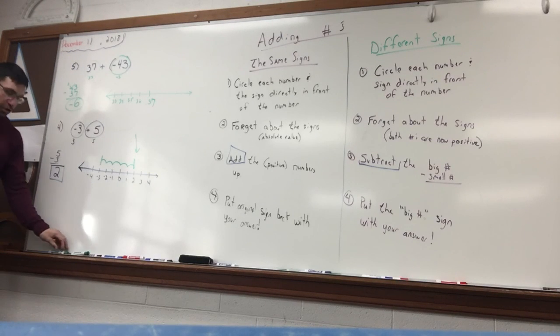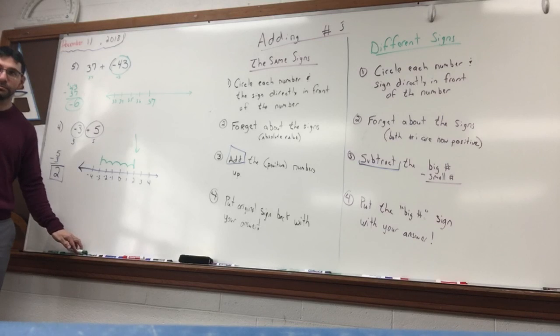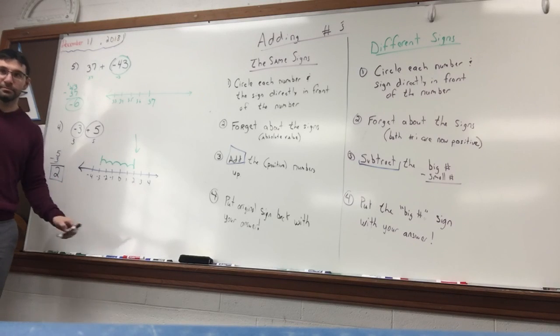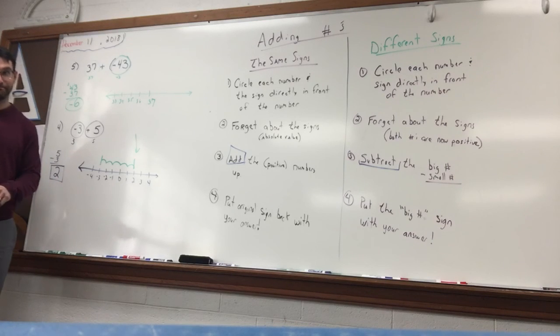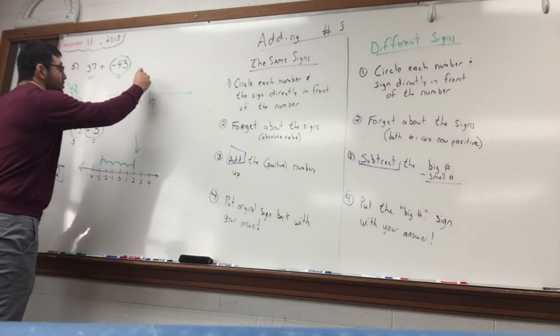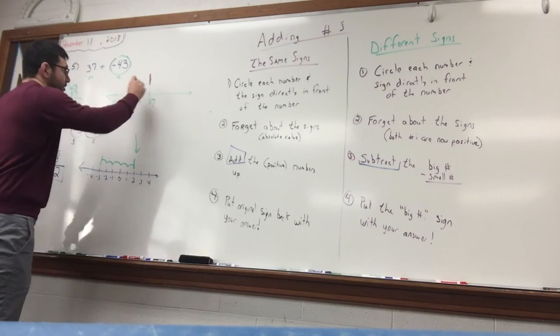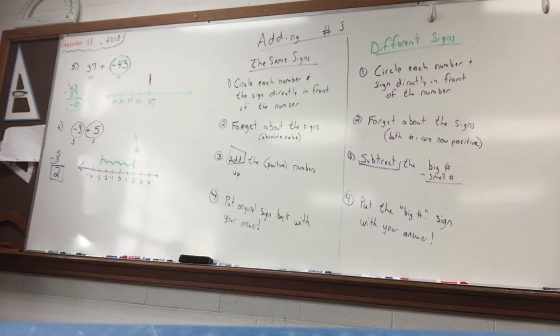If I am starting at 37, which is right here, which direction do I go when I'm adding -43? To the right or to the left? Left. To the left, because I'm adding a negative. Negative goes to the left.